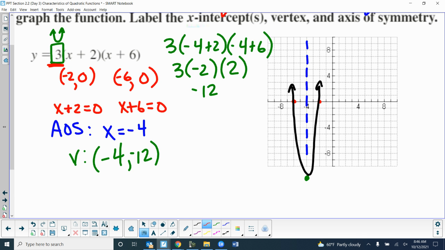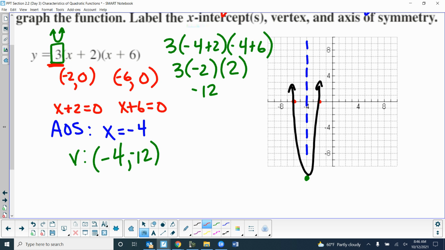Okay? Does that help on those types of problems? That was the new form. We called that intercept form, right? We have vertex form, we have standard form, and that was intercept form. We can tell what the x-intercepts are by looking at it when it's in that form. Okay?